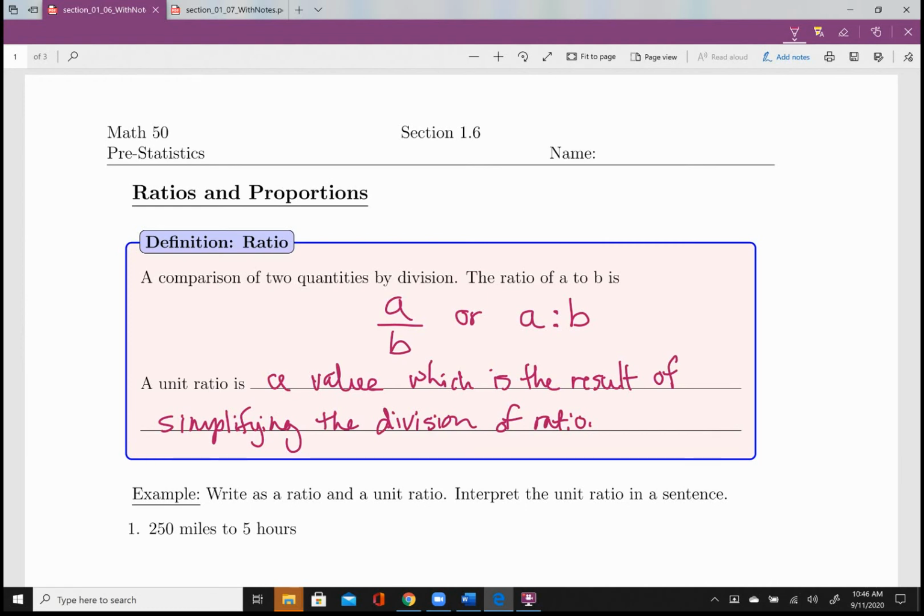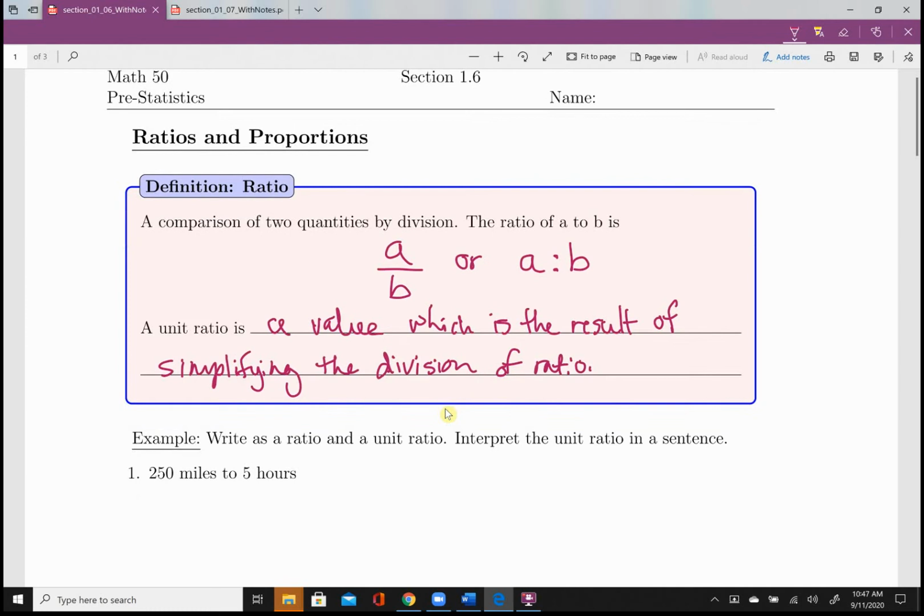If we were to actually perform that division to get a real number quantity, like maybe a decimal representation would be a little bit more forthcoming, then that would be considered to be a unit ratio. Otherwise, it could be a fraction whose denominator is a 1, in which case there would be no simplification needed.